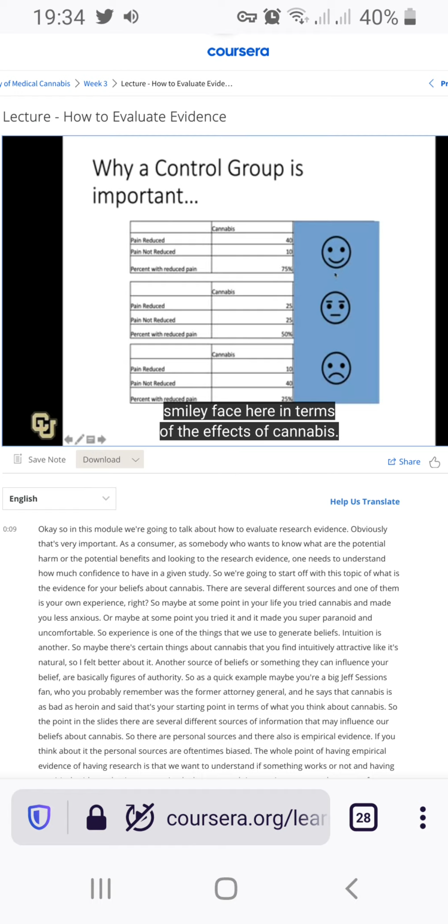Sort of a smiley face here in terms of the effects of cannabis. Maybe a different 50 people find out, they do the same kind of thing, and for 25 of them, their pain was reduced. And for 25 of them, the pain was not reduced, right? So roughly half of them, their pain was reduced. So we're not super happy anymore because it's obviously not as good as 75%, but there's still some evidence there.